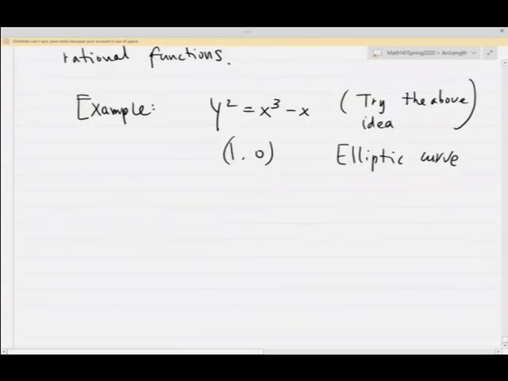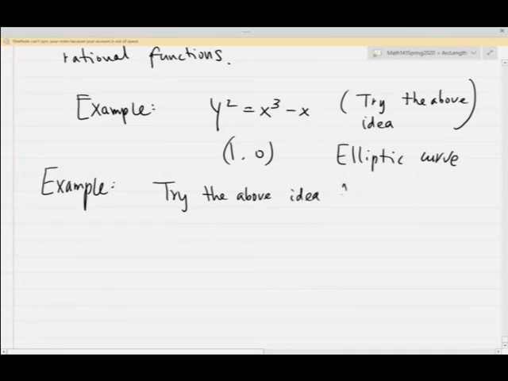More examples. Okay, try the above idea for the curve x squared minus 2y squared is 1.